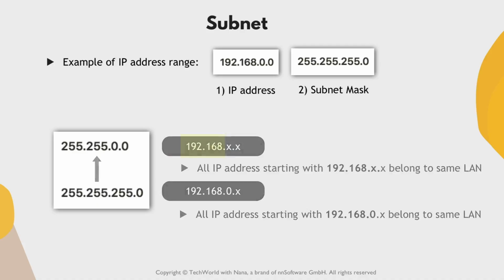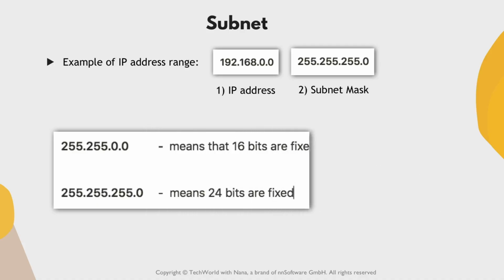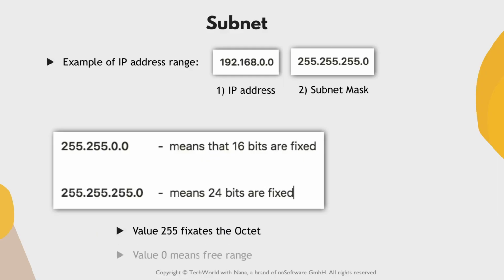So as you see, the value 255 fixates the IP block or octet, and the value of 0 means a free range. Why 255 and 0? Because as you learned, each IP decimal block can have values from 0 to 255. So anything within that range.